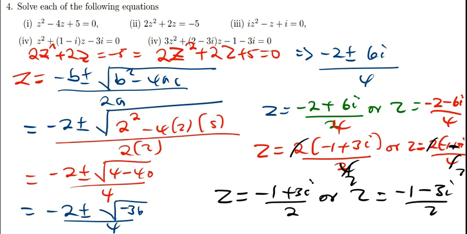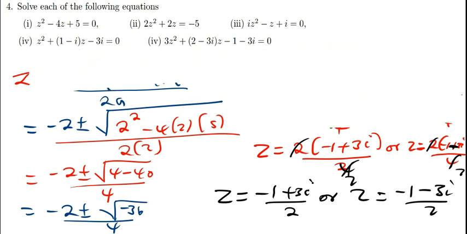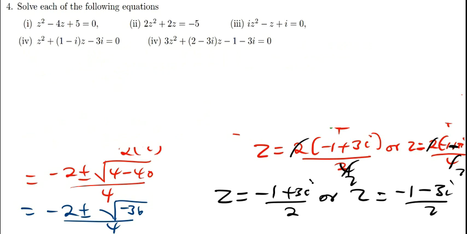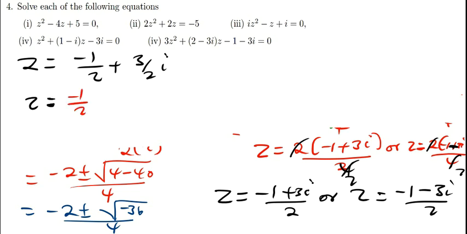Now this can be written as the final answer z is equal to negative 1 over 2 plus 3 over 2i. That is the first answer. Or z will be equal to negative 1 over 2, then minus 3 over 2i, like that. So this is the answer, also that is the answer. So that is it for the second part.